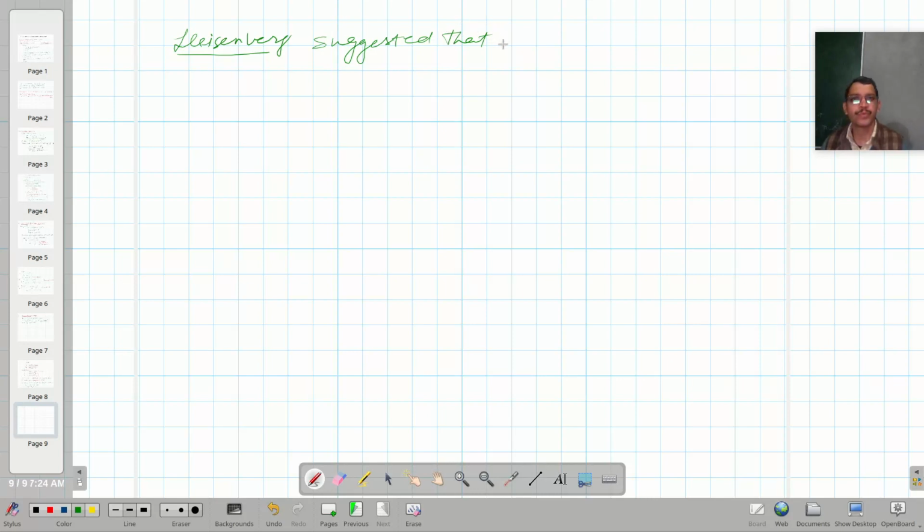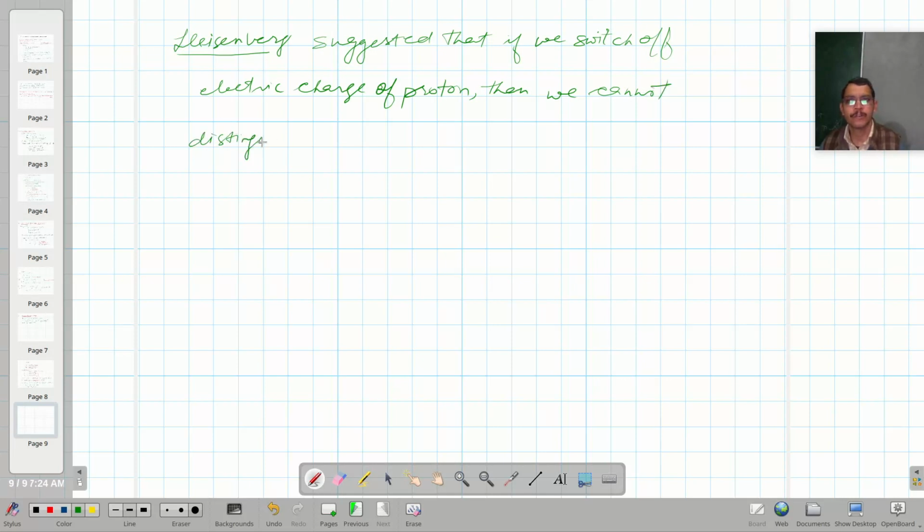if we switch off the electric charge of proton, then we cannot distinguish between proton and neutron, right?